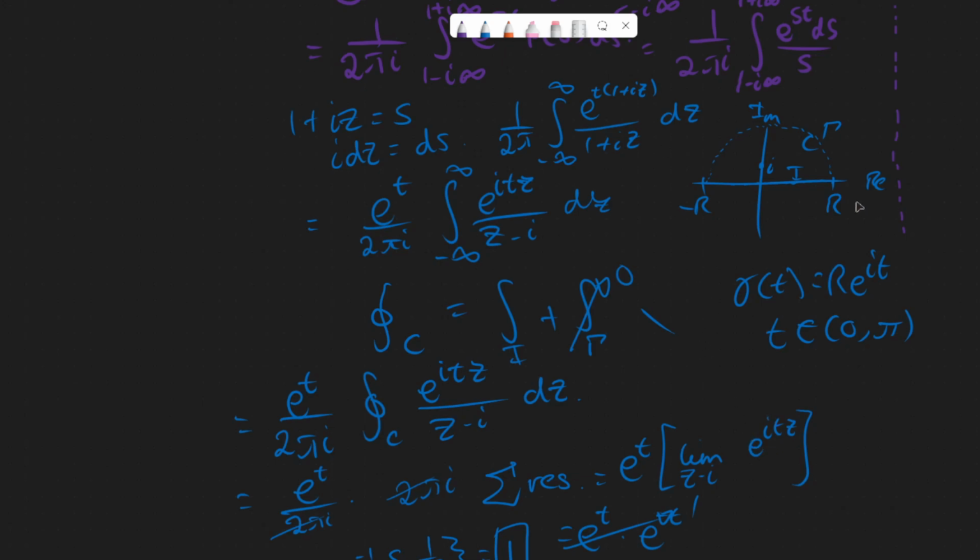And quite nice integration most of the time. 9 times out of 10, Jordan's lemma will do the work for you when you draw this semicircular contour. Sometimes it's a bit more tricky. I will go over other cases in other videos.